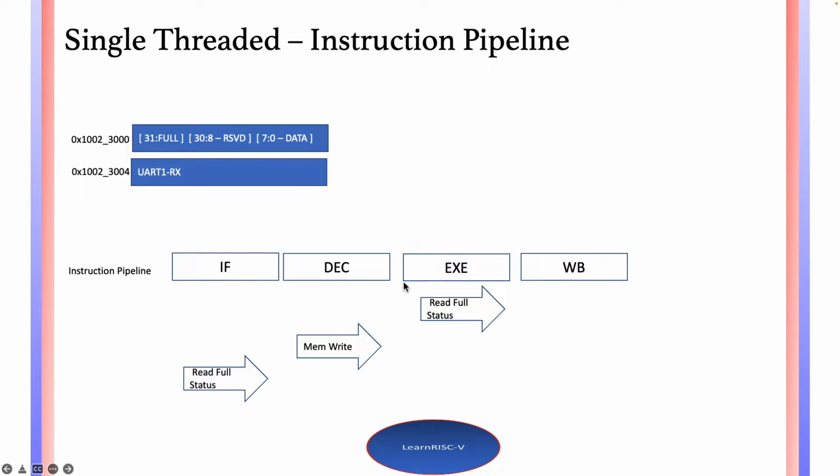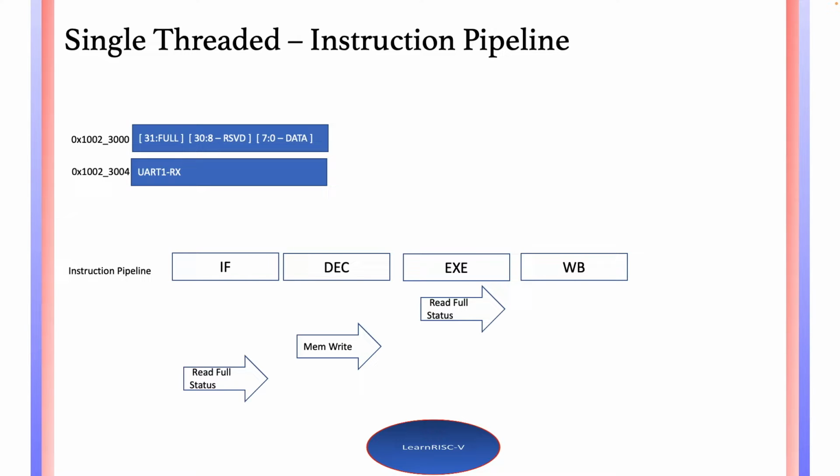So this is how it would be in a single threaded case. Please be aware that the RISC-V standard does not say anything about the implementation of any of these instructions. All it says is how the instruction should work, and it doesn't put any constraints or restrictions on how that should be implemented.